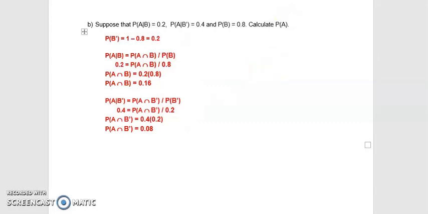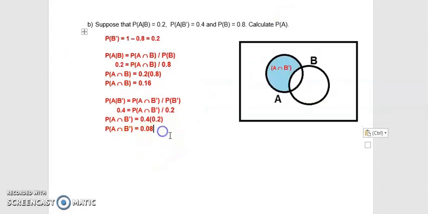Now look at how to find probability of A. Use the Venn diagram from before. We know that probability of A intersect B prime, the blue area just now, is given by probability of A minus the intersection of A and B. This one equals 0.08.